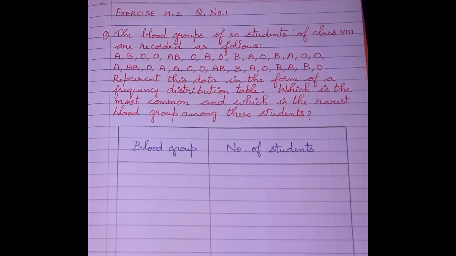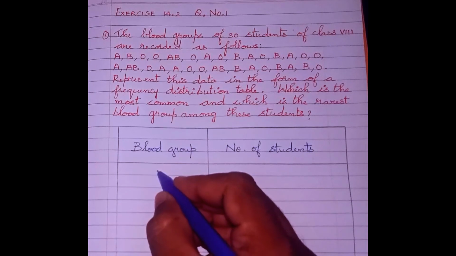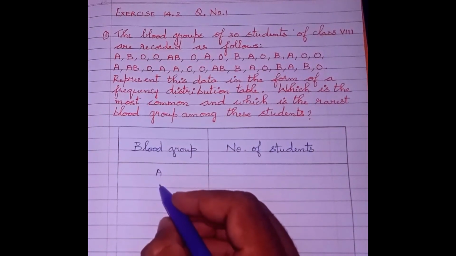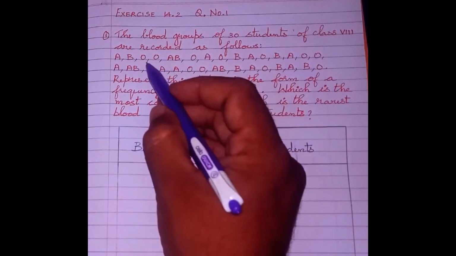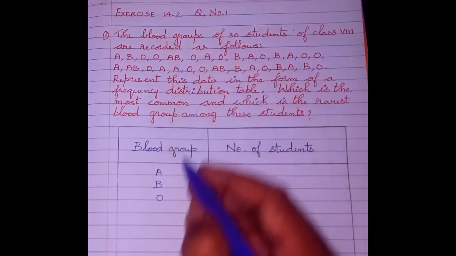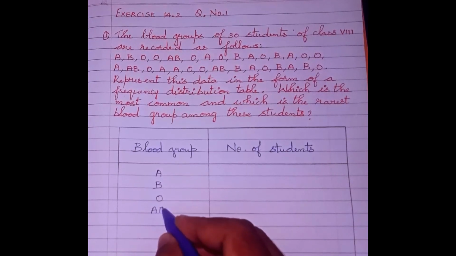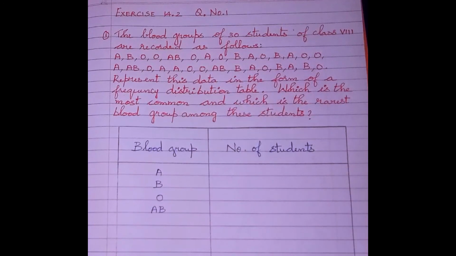Let us write the blood groups one by one: blood group A, then blood group B, then O, and blood group AB. So in the data you are able to see 4 blood groups.